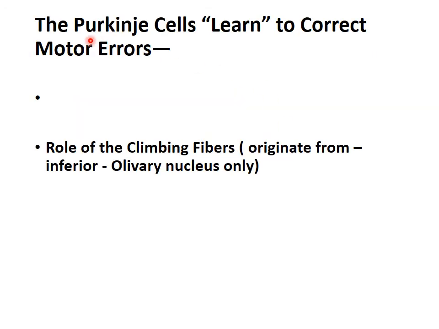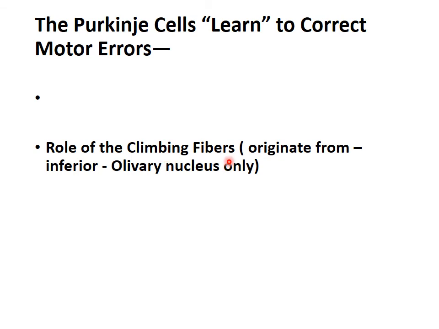But there is one more action. The Purkinje cell learns to correct the motor errors, and this is due to proper myelination. And this is done by the inferior olivary nucleus, because this originates the climbing fibers.